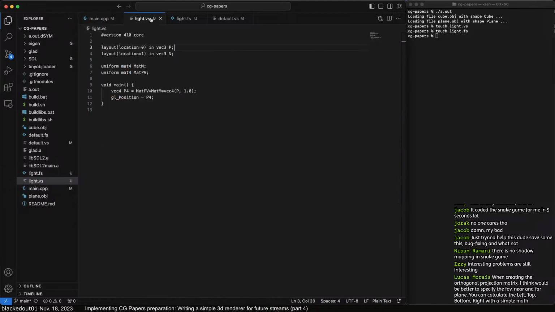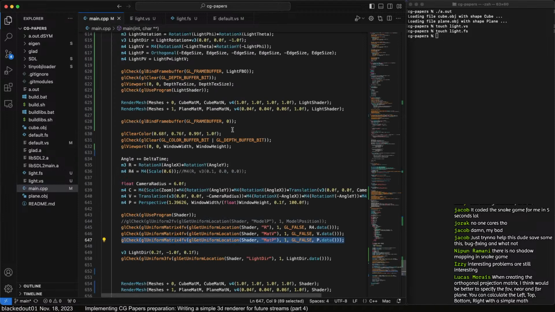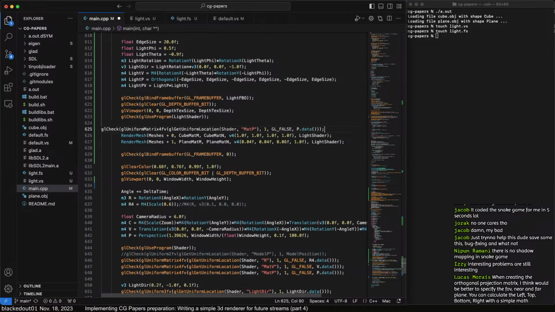The only uniform variable that's left is this matrix here. So I set this, for example, here, light PV, and this is the light PV matrix. And I think this should work.